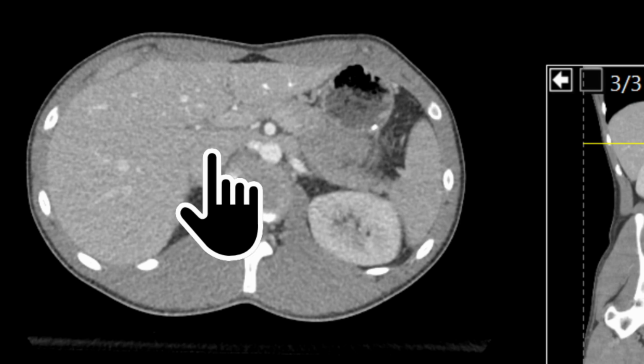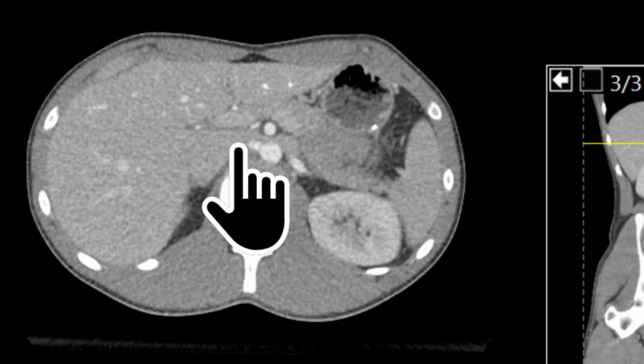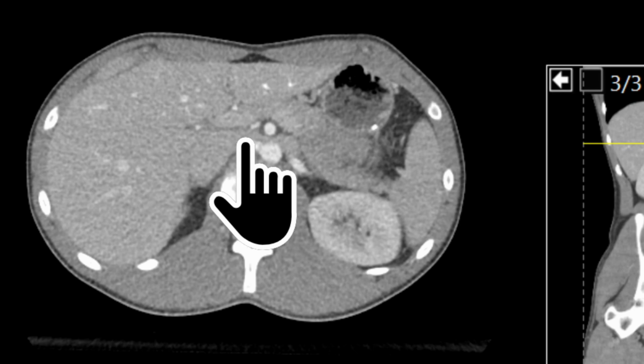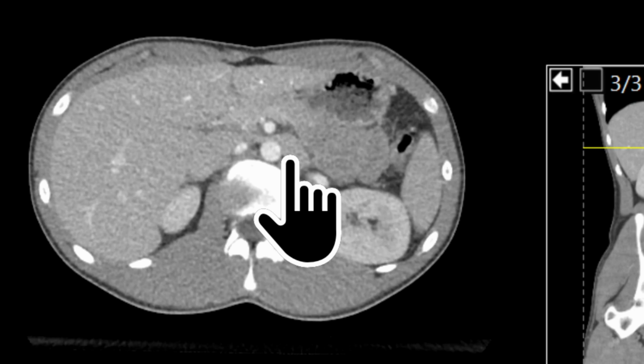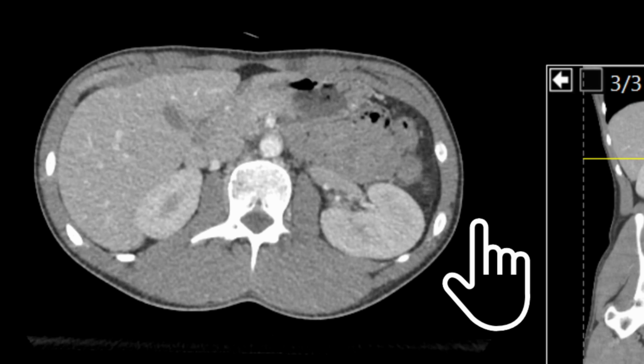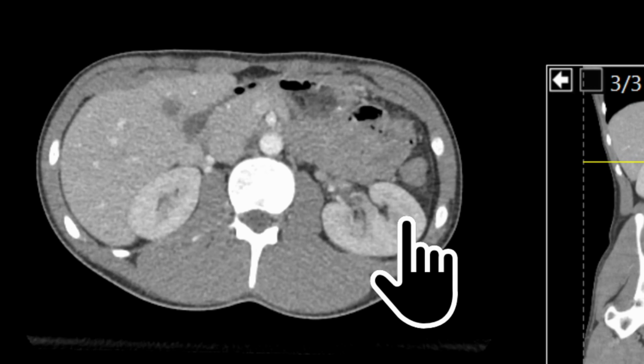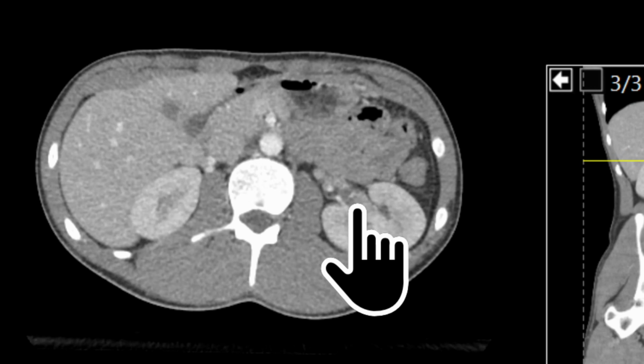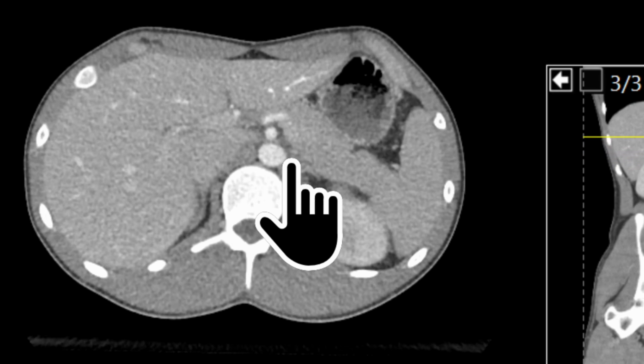It has to run further, because it has to run from the inferior vena cava that's on the right, across the aorta, to get to the kidney. Keep your eye on it. There it goes to the kidney. Whoosh, in it goes. So this is the left renal vein.